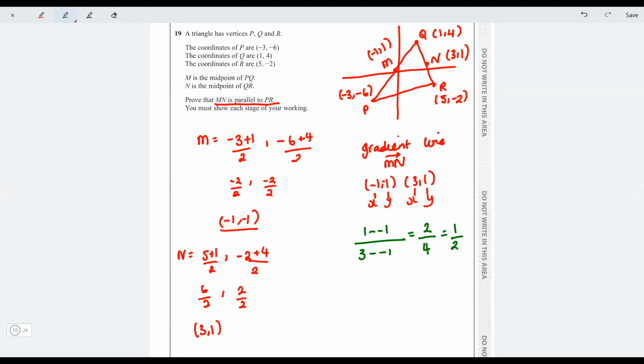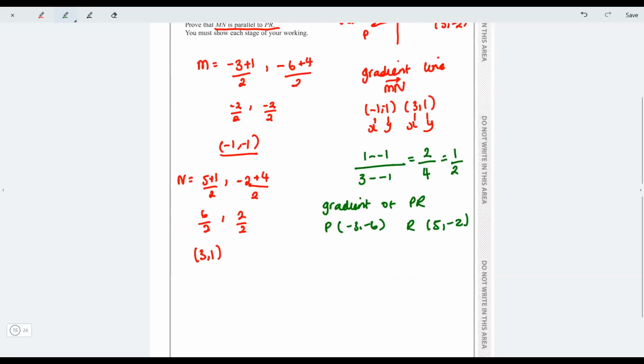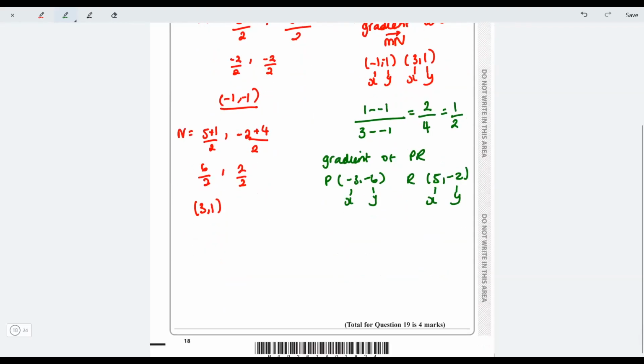So, PR then. To know something is parallel, the gradients have to be multiples of each other. So we do know the gradient of PR, because P is minus 3, minus 6 and R is 5, minus 2. I'm going to do difference of y. I like to write x and y just to make sure that I've got the right thing going on. So just take away that one from that one.